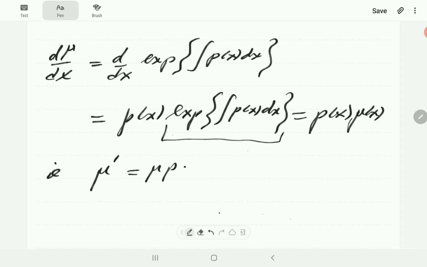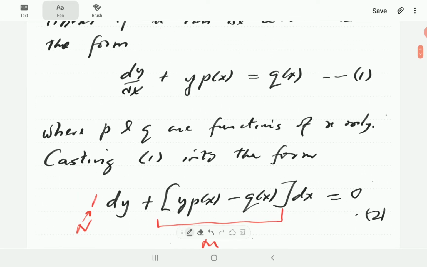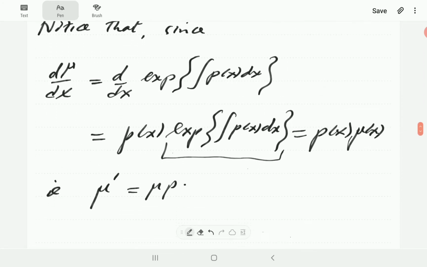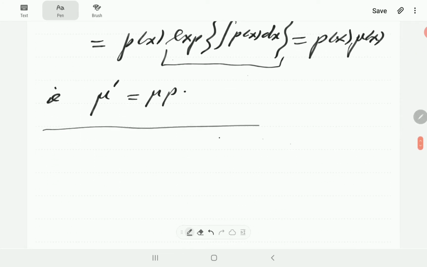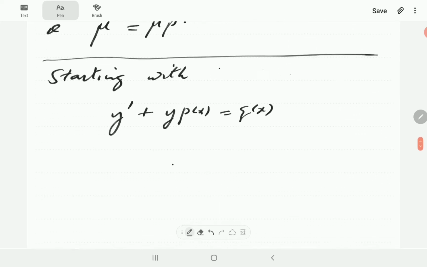Okay. So what I want to do now is go back to equation 1. If we start with y prime plus, remember we've got y p equals q of x.